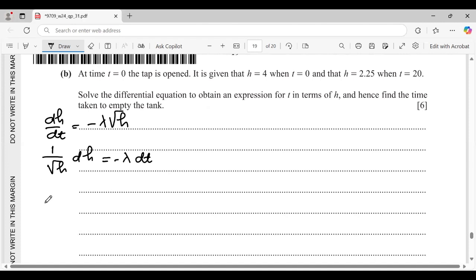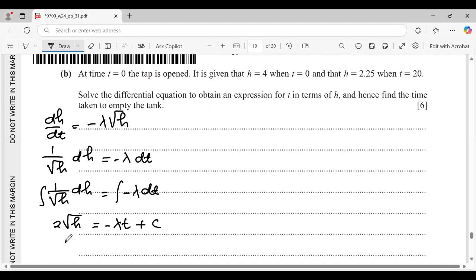And after that, integrate the left-hand side and right-hand side. It becomes the integral of 1 over square root h dh equals the integral of minus lambda dt. The integral becomes 2 square root h equals minus lambda t plus c.